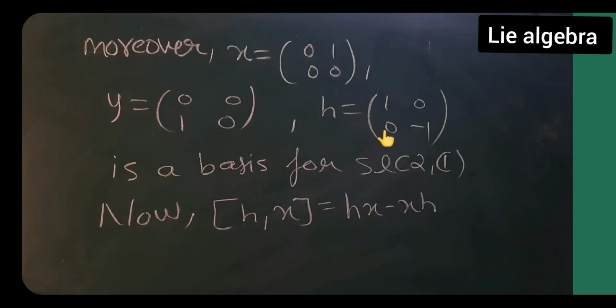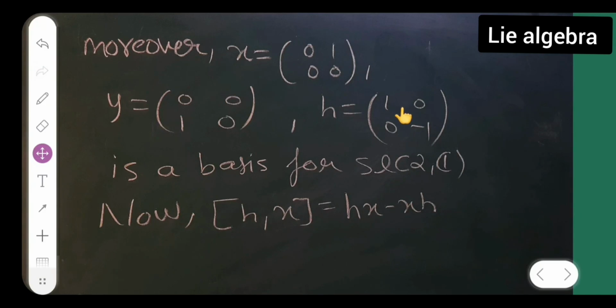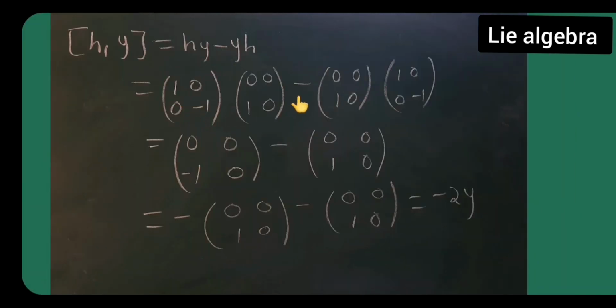H into Y minus Y into H. Okay, now similarly you do this one, and what you will get if you solve like this is nothing but minus 2Y. This minus I have kept outside, so minus 2Y. The value of this is nothing but Y.